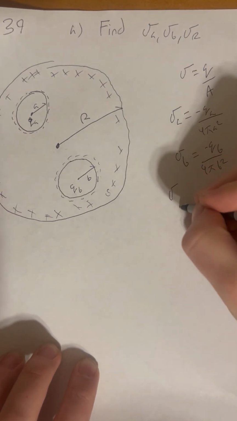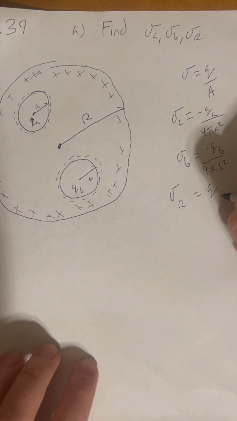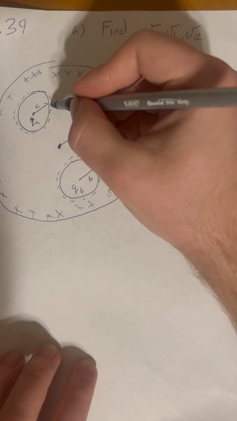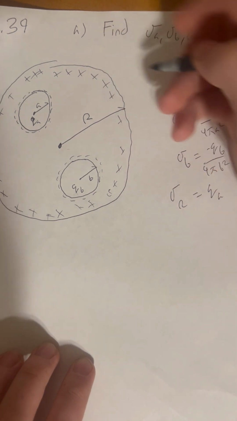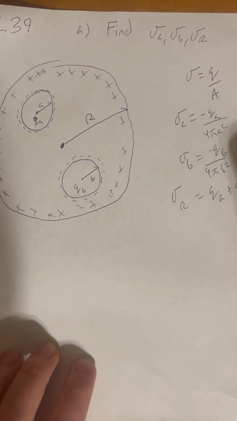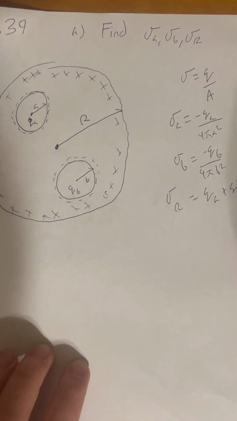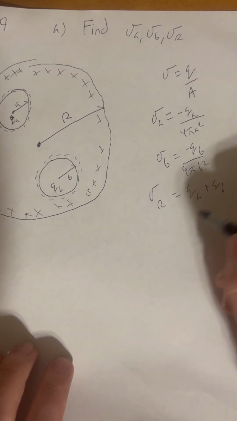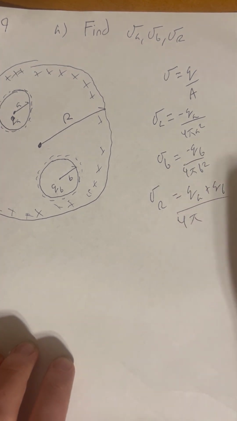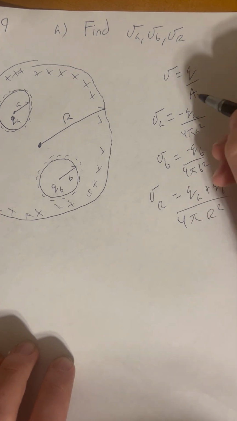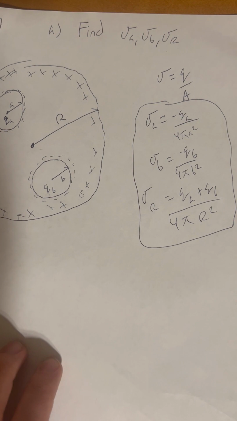Sigma R will be equal to, since negative QA got pulled away to be here, leaving positive QA, and a positive QB, because negative QB was pulled away to deal with this point charge. And this will be over 4 pi big R squared. Let me circle this. So that does it for part A.